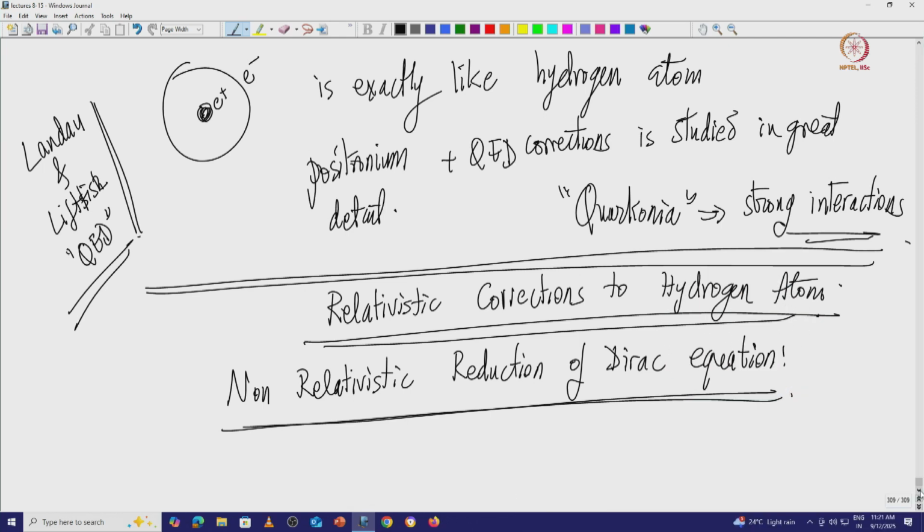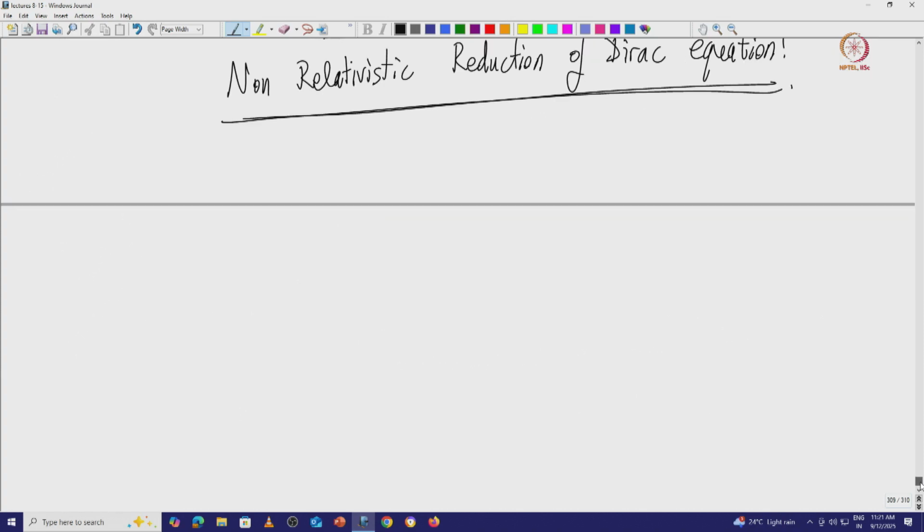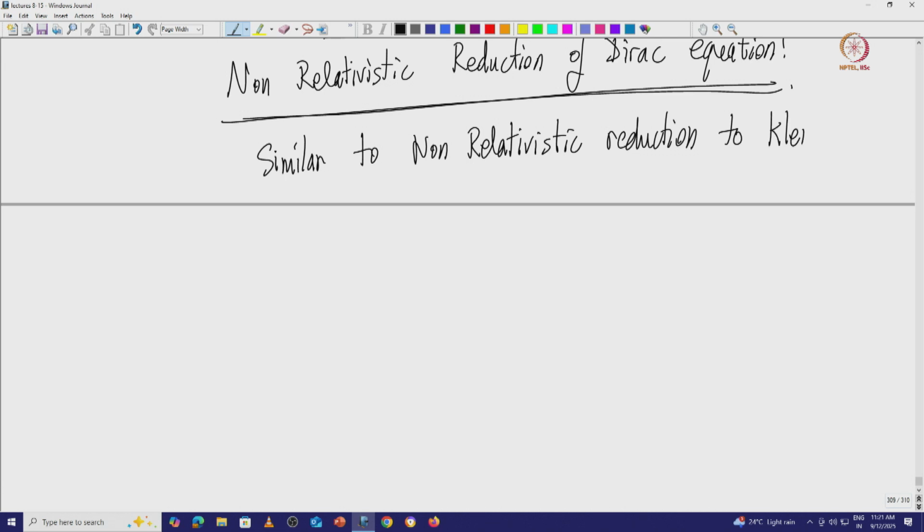So to start, do the non-relativistic reduction of the Dirac equation. I will do the same thing I did for the non-relativistic reduction of the Klein-Gordon field.